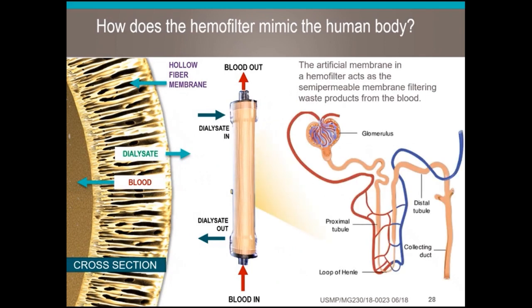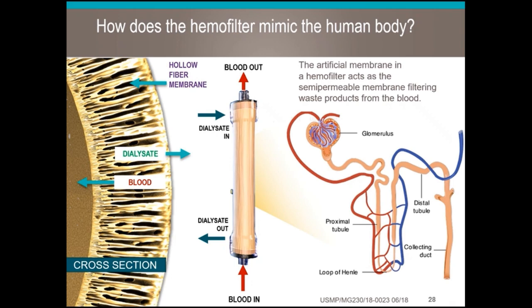Generally, if you look at a diagram, the blood is going to enter through the bottom of the filter and then enter through thousands of hollow fibers, or basically hollow straws that are semi-permeable. So the hollow fibers in a dialysis filter or dialyzer are like straws that have several little semi-permeable holes in them.